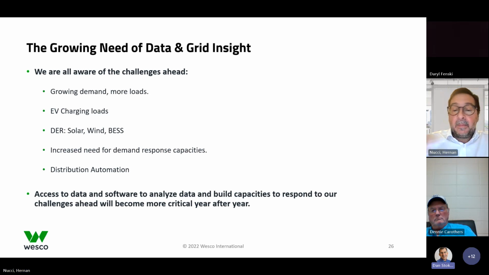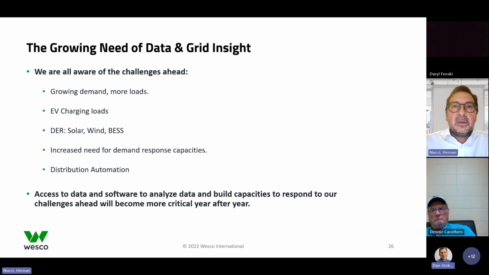But access to data and software to analyze the data and build the capacity to respond to our challenges ahead will become more critical year after year. This is a fact. Year after year, we're going to see more challenges.